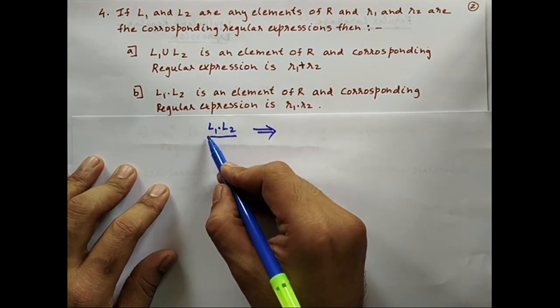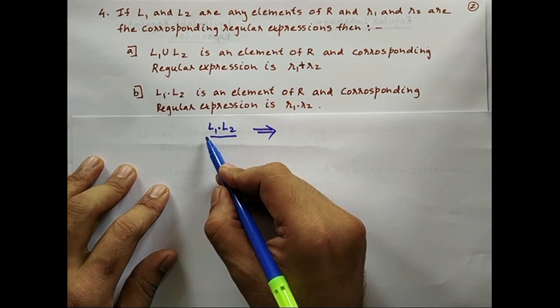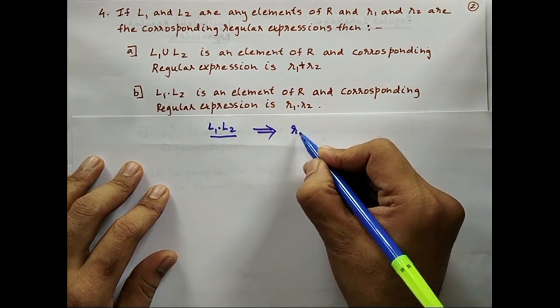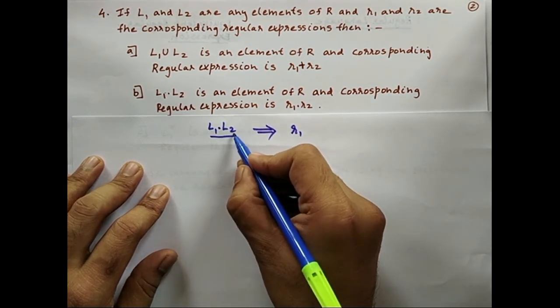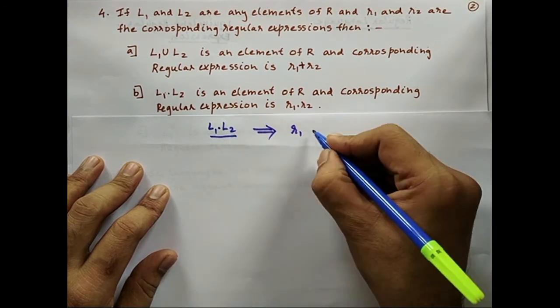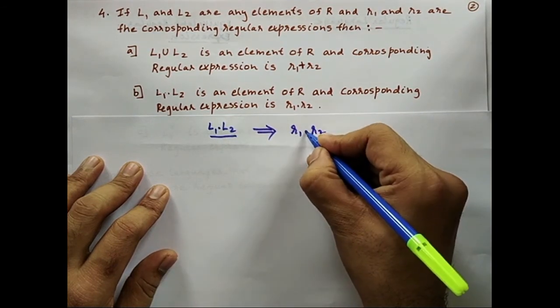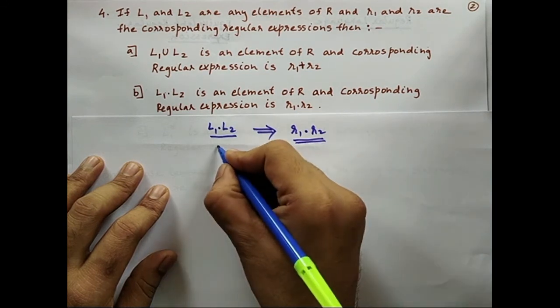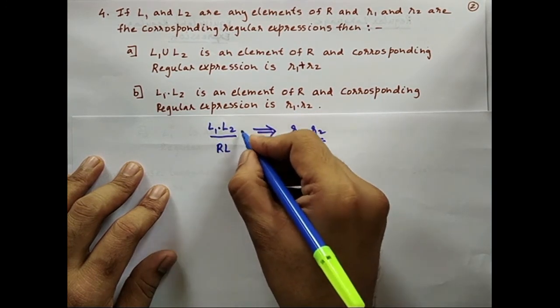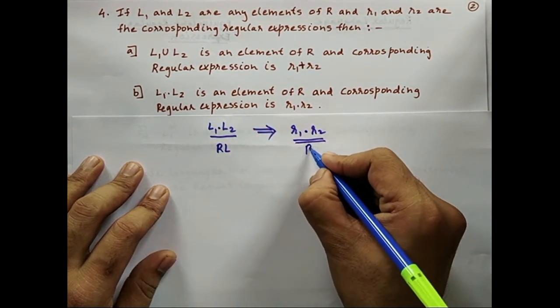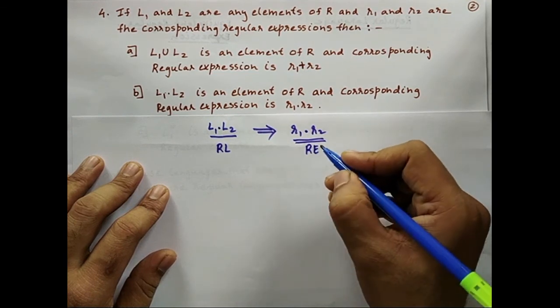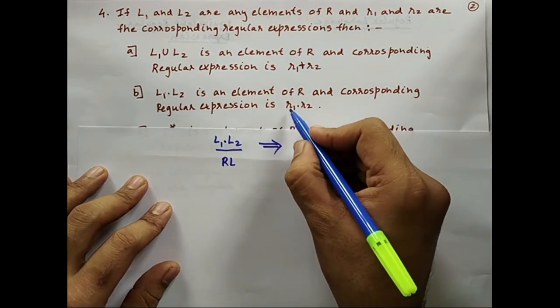You already know that R1 is a regular expression for language L1, and R2 is a regular expression for language L2, and both will be connected with dot. This is the result.